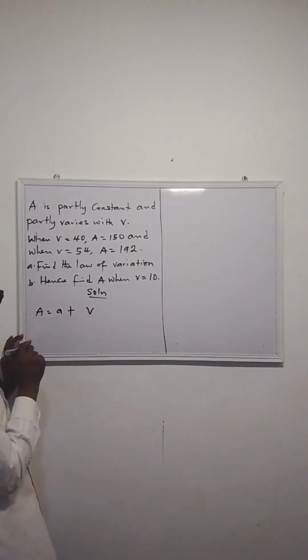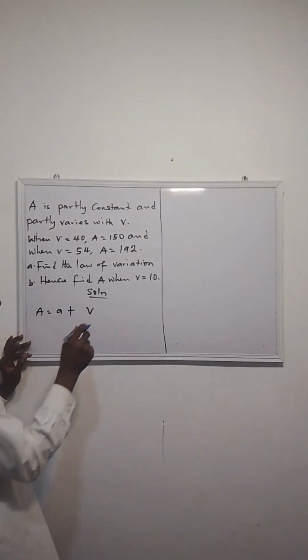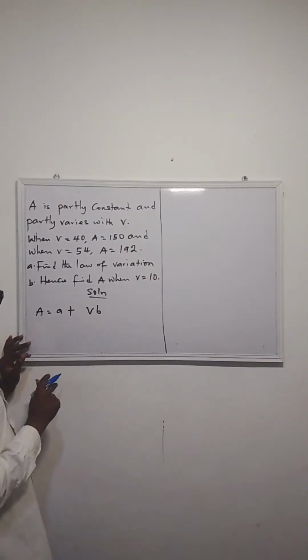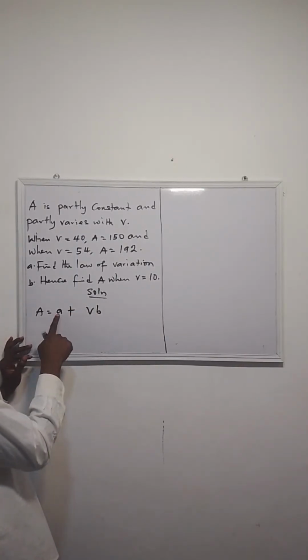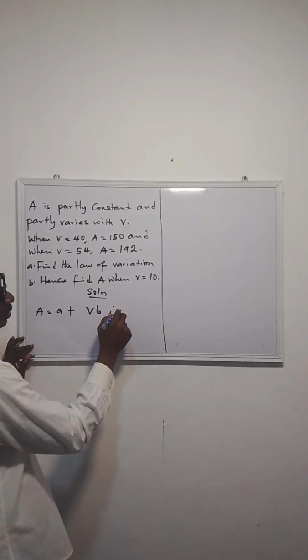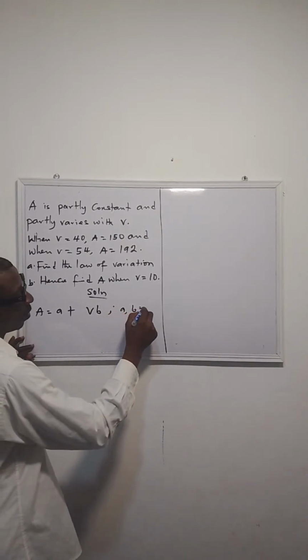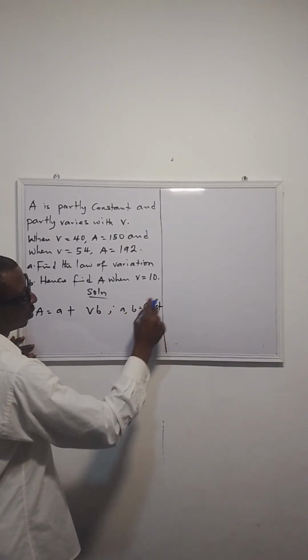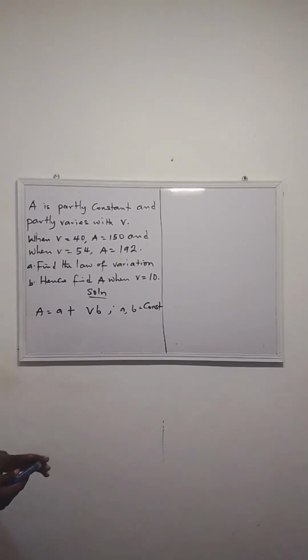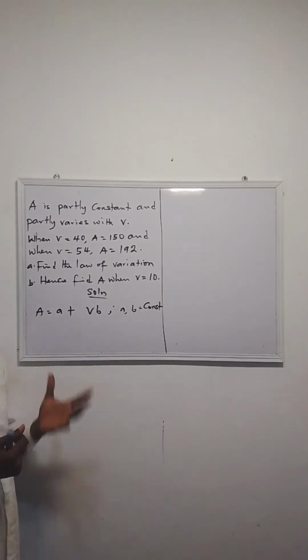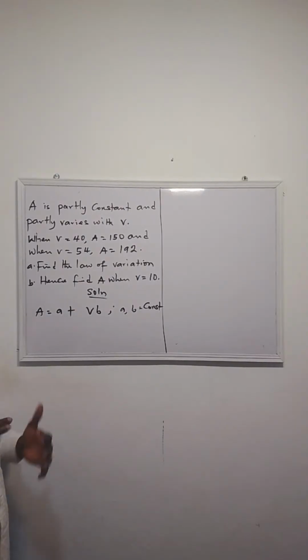So immediately you put a constant beside it, the second constant, which is b. So we have two constants here, a and b. So let's write it: a, b are constants. So both are constants. After writing this, the next thing is to get two equations, which we are going to solve simultaneously.